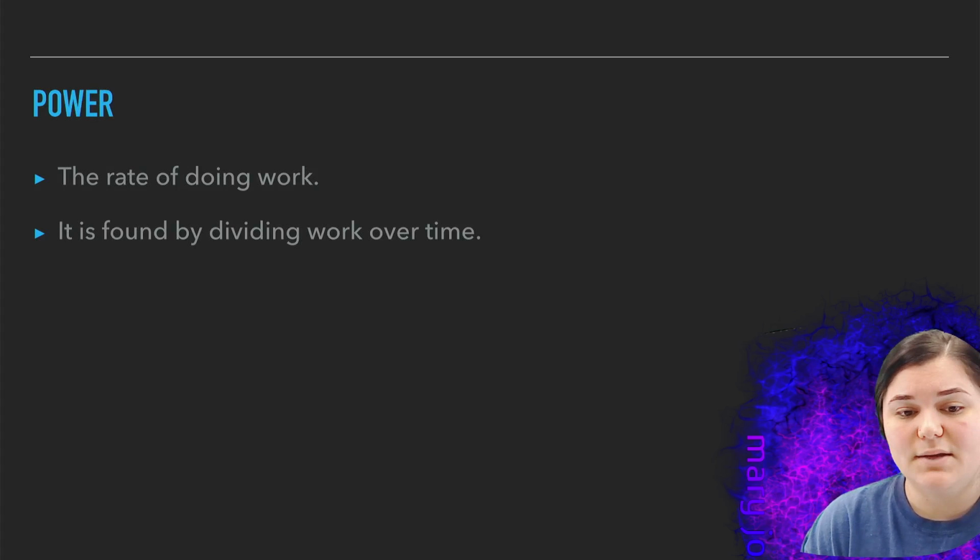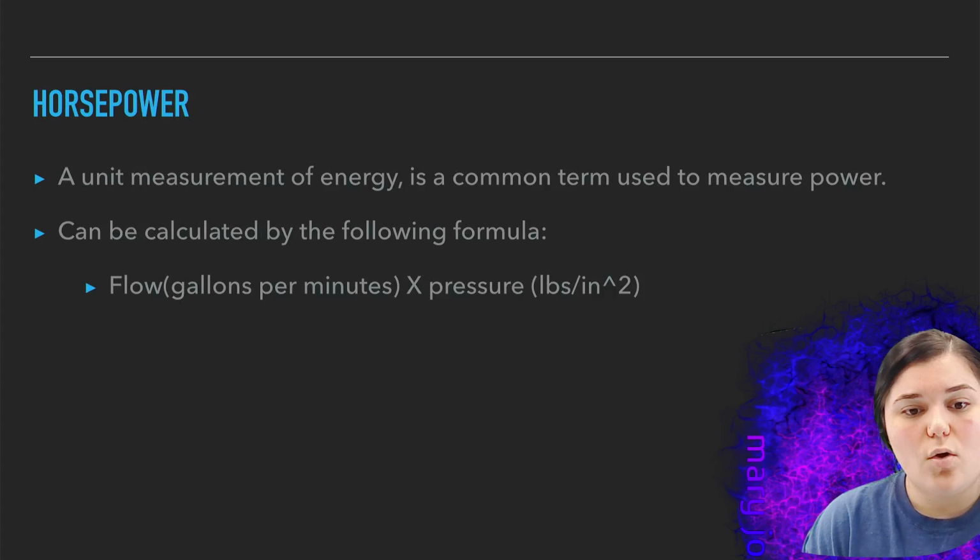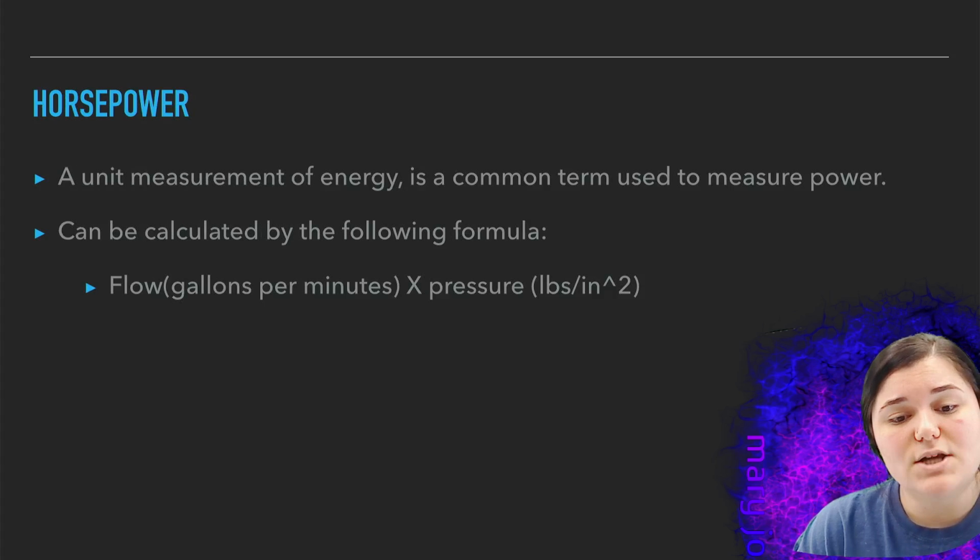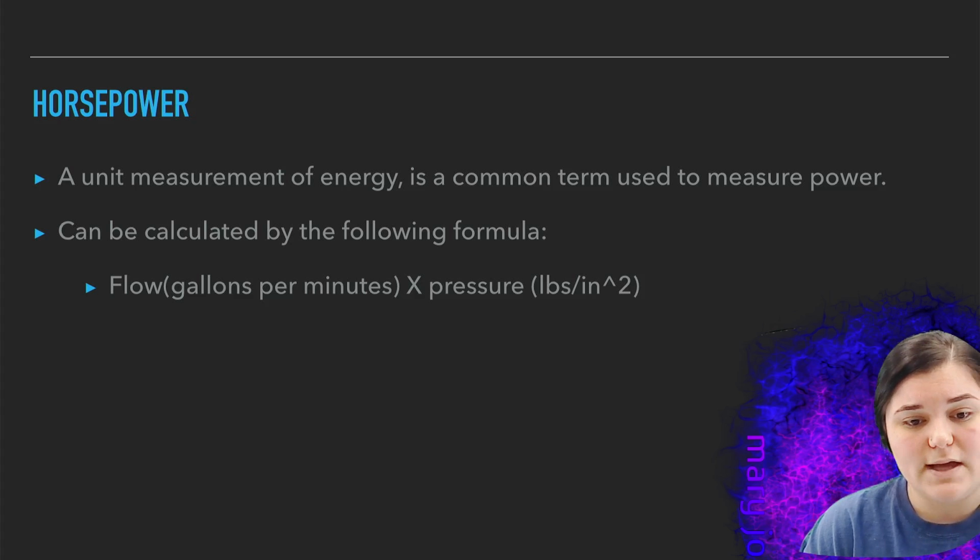Power is simply the rate of doing work. It is found by dividing work over time. Horsepower, a unit of measurement of energy and a common term used to measure power, can be calculated by the following formula: flow, which is gallons per minute, times pressure.